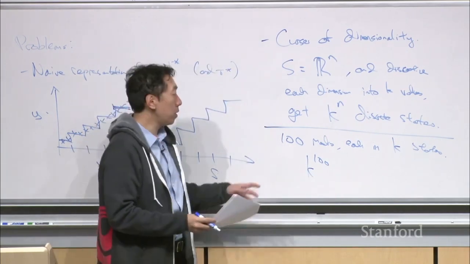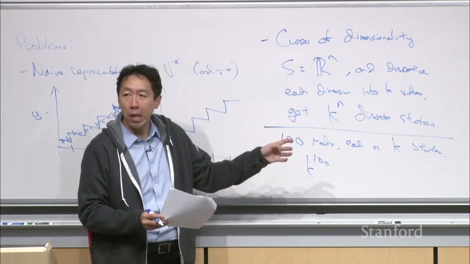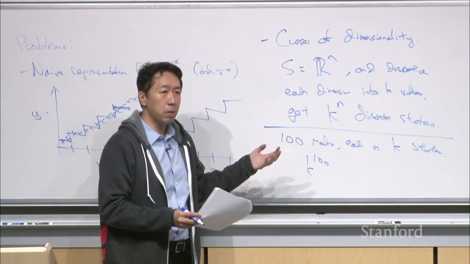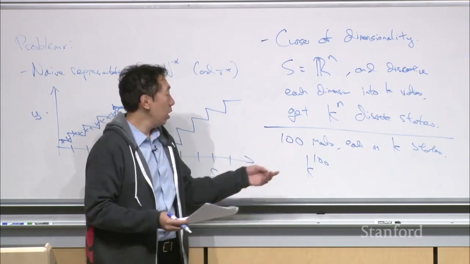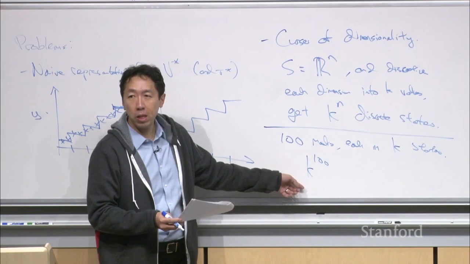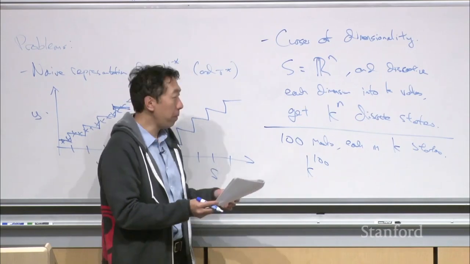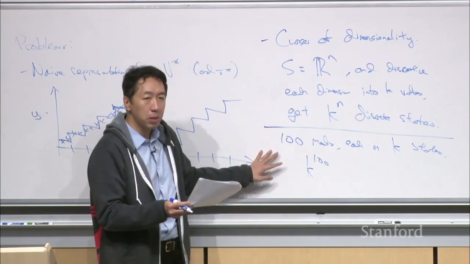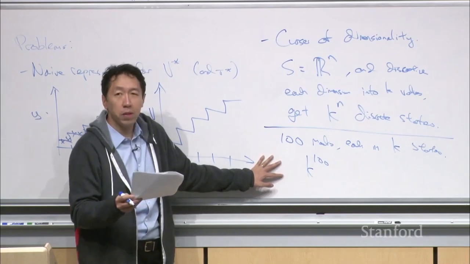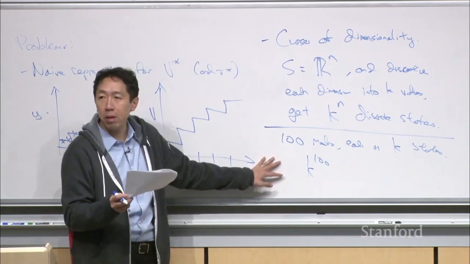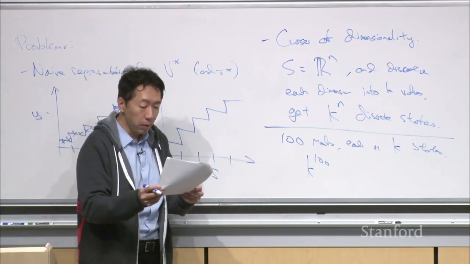So the curse of dimensionality also applies to very large discrete state spaces, such as a factory with 100 machines, where your total state space becomes k to the 100. And it turns out that for this type of discrete state space, fitted value iteration can be a much better algorithm as well. We'll get to fitted value iteration in a little bit.